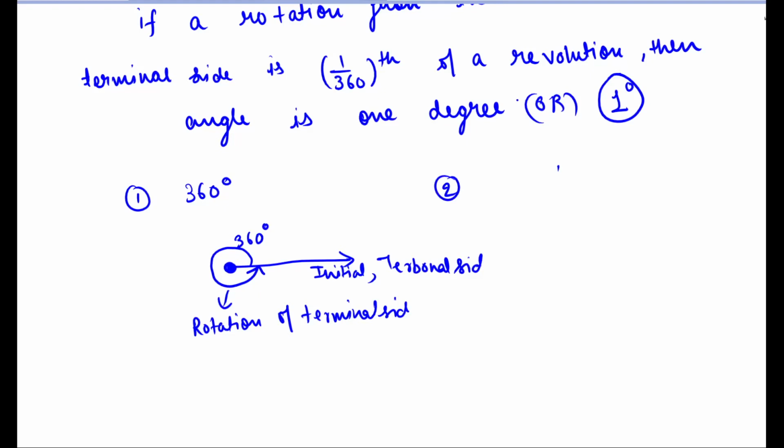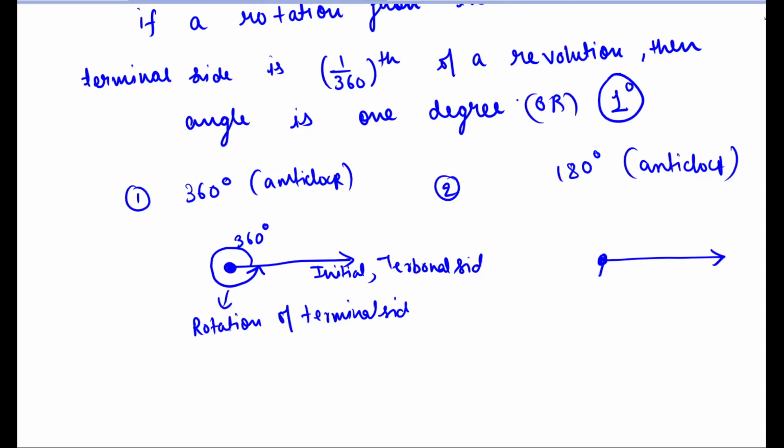Second is 180 degrees, which is anti-clockwise. This is the ray, the initial side, and this is the vertex.